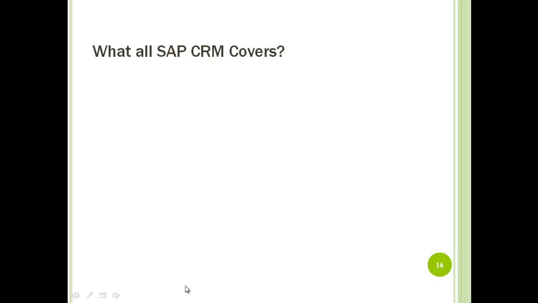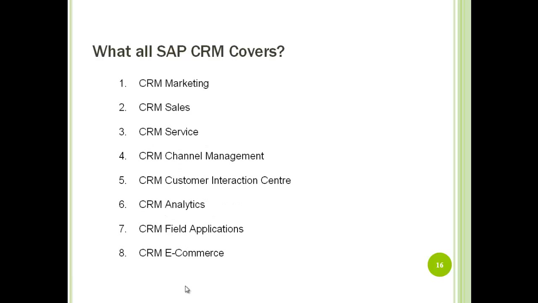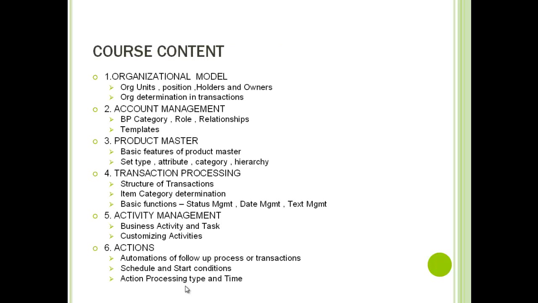So let's have a look into what all SAP CRM covers. It covers SAP CRM Marketing, SAP CRM Sales, SAP CRM Service, CRM Channel Management, CRM Customer Interaction Center, CRM Analytics, CRM Field Applications, and CRM E-commerce. So let's have a detailed look into what all we will be covering.